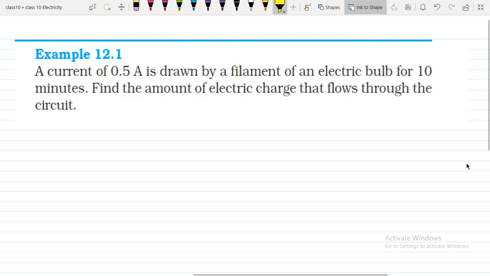The given question is: a current of 0.5 ampere is drawn by a filament of an electric bulb for 10 minutes. So let me draw a quick diagram. This is an electric bulb which has a filament, and this is connected to a circuit. So this is a cell symbol.